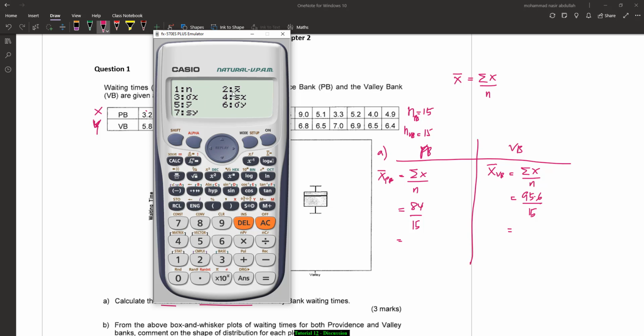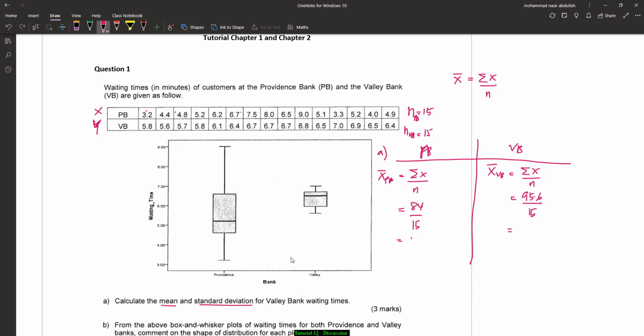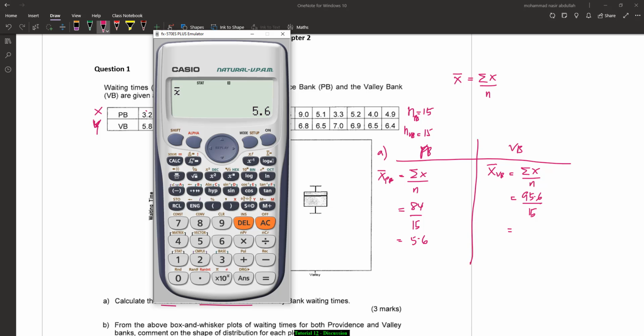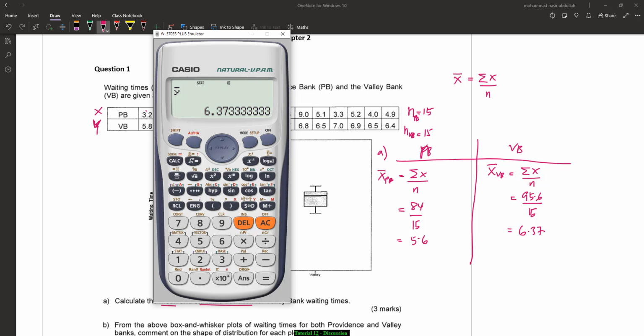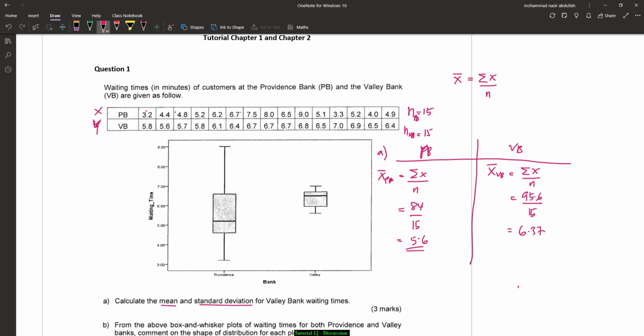Right, so x bar and y bar are here. x bar, number 2, should be 5.6. And y bar, number 5, should be 6.37. Okay, so this is the mean for VB and PB.